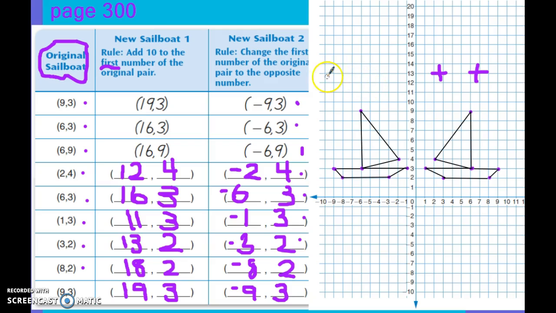This we saw was negative and then positive. Okay, if I come this way first, I'm going negative, negative. And then if I end up down here, I'm going positive and then negative. And so that gives you an idea of what your ordered pairs may look like when you're in each of those quadrants of our coordinate plane.